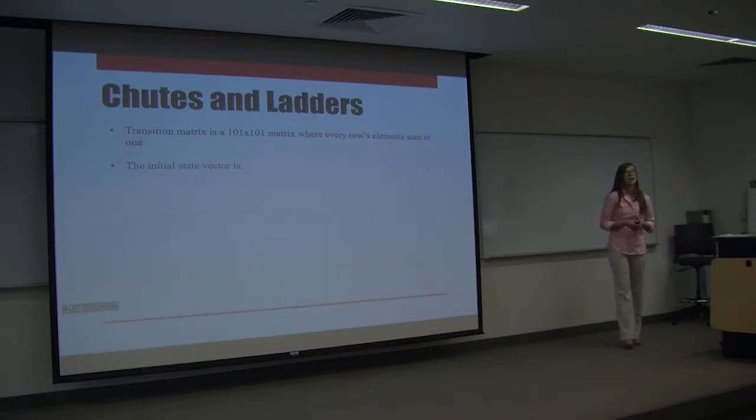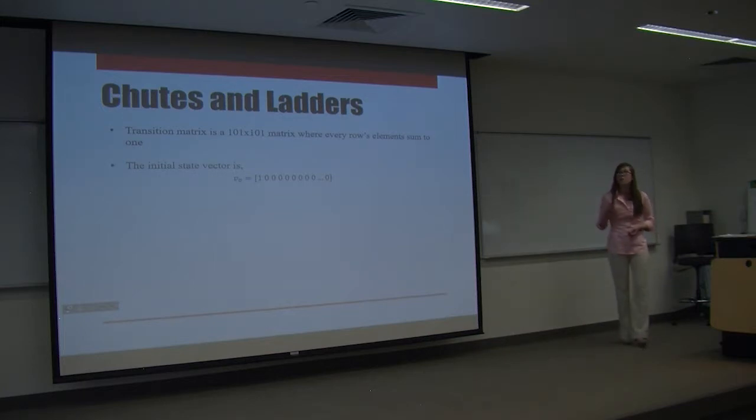So I had to create a start space in order for my transition matrix to work in the same manner that actual gameplay does. So then my initial state vector ended up becoming V0 equals 1, 0, 0, 0, all the way up until column entry 101. The reason why this is the initial state vector is because when you start the game, you have to start the game on the start space, and therefore cannot be anywhere else at the time that you start.